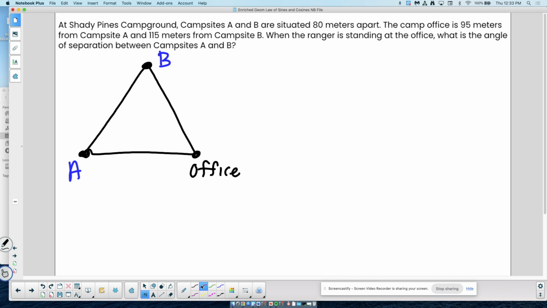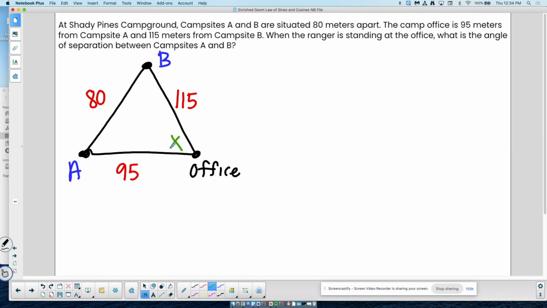It says campsites A and B are situated 80 meters apart, so that would be this side length here. The camp office is 95 meters from campsite A and 115 meters from campsite B. And we are looking for the angle where the ranger can see both campsites A and B. So we're looking for this guy.